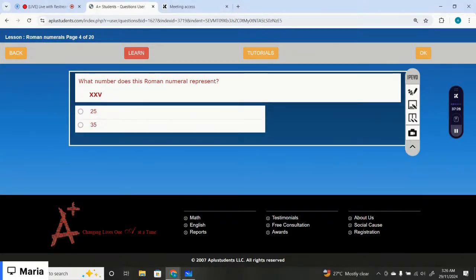What number does this Roman numeral represent? So which is the correct option?